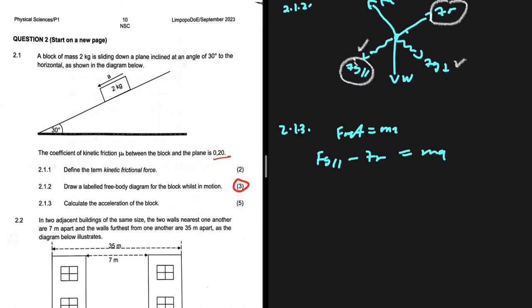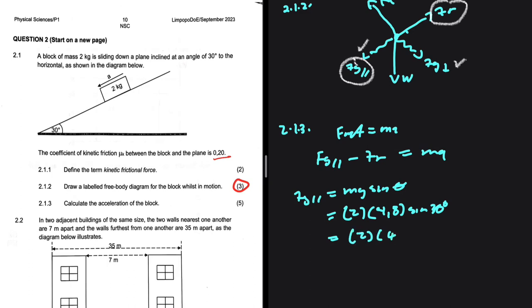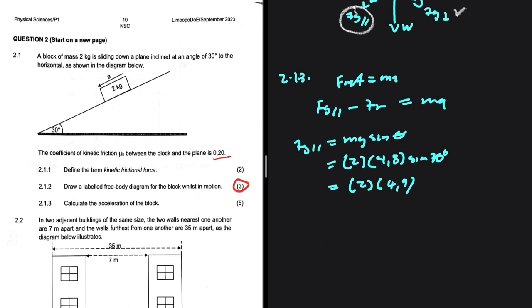Let's do that separately. So FG parallel is equal to mg sine of theta, where m is the mass, 2 kgs, multiplied by 9,8 sine of 30 degrees. So what is FG equal to? This is 2 multiplied by 4.9. And then now we can calculate frictional force. Frictional force is equal to the coefficient multiplied by the normal force.